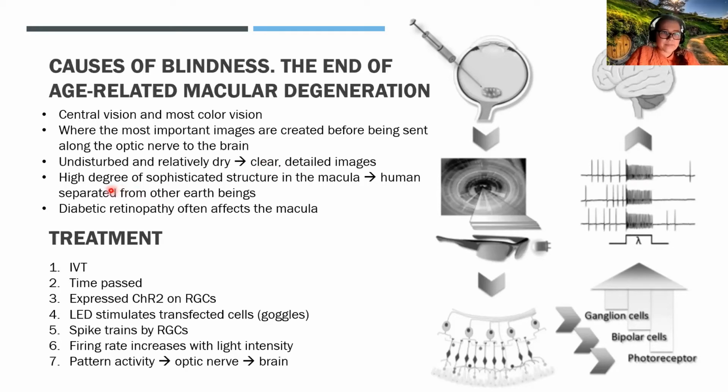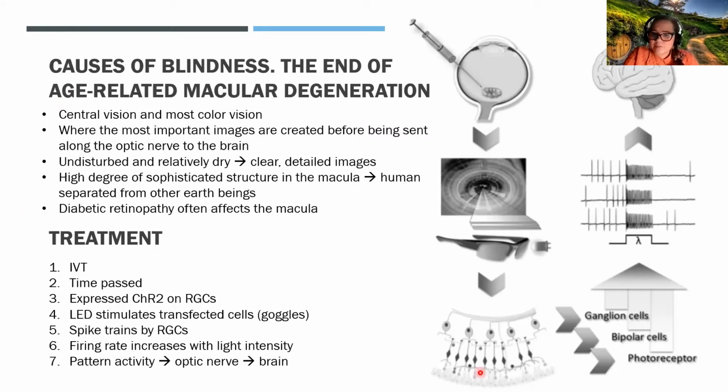And macula is one of the things that distinguishes humans from other beings on Earth. And diabetic retinopathy often affects the macula and leads to age-related macular degeneration.